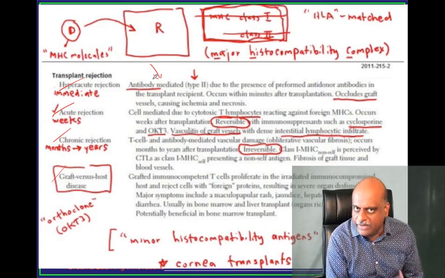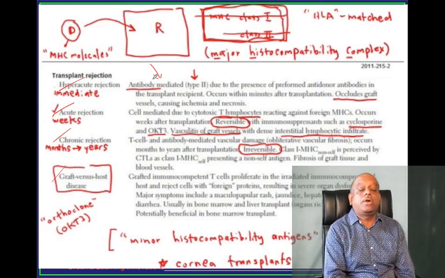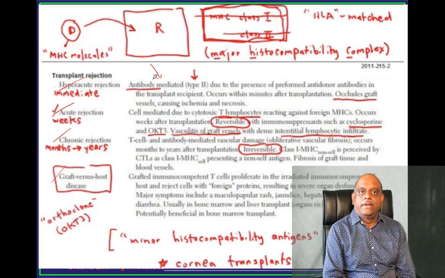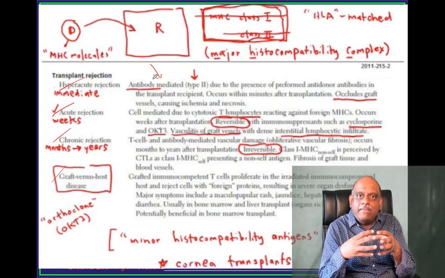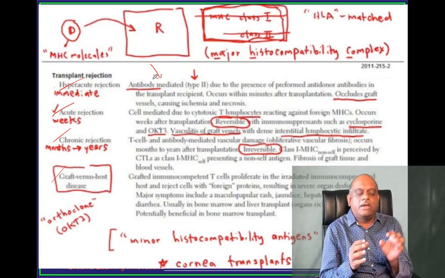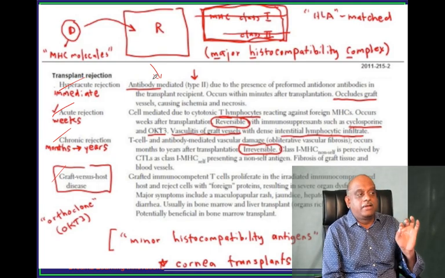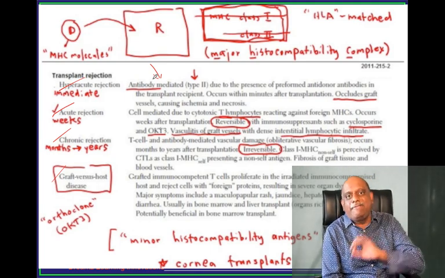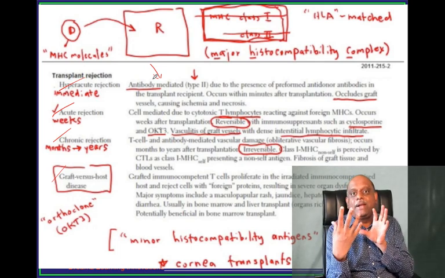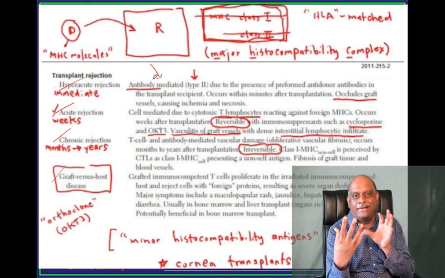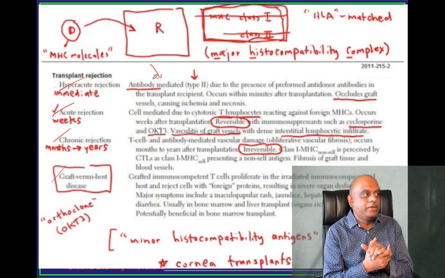Transfusions will only match ABO blood group. There are many unmatched histo-incompatibility factors between two people's blood.